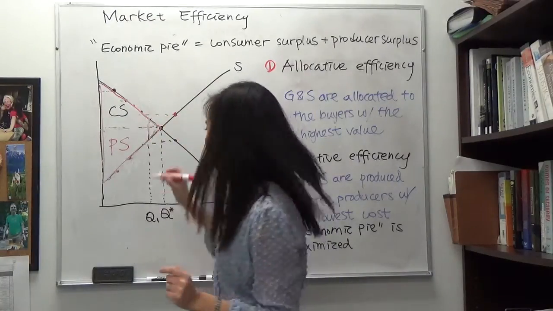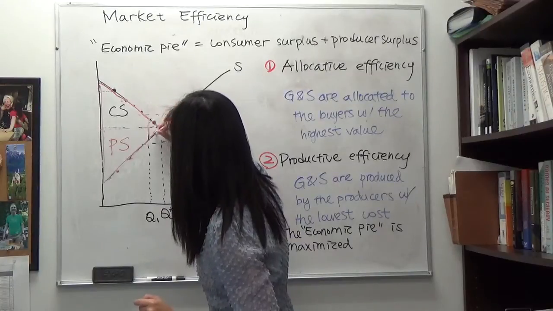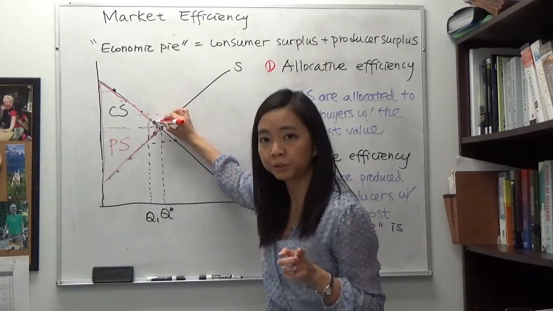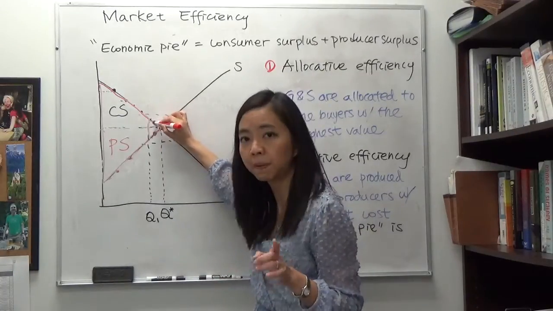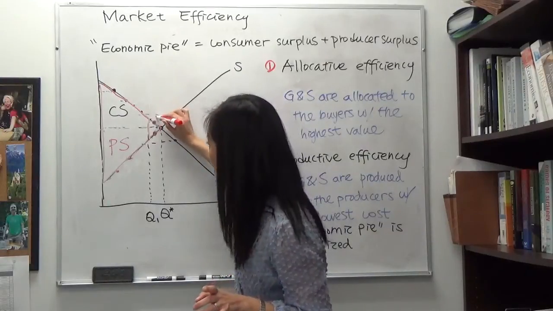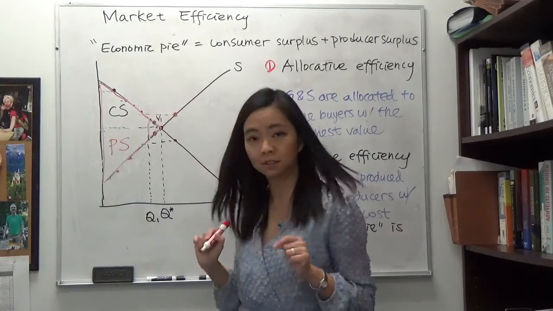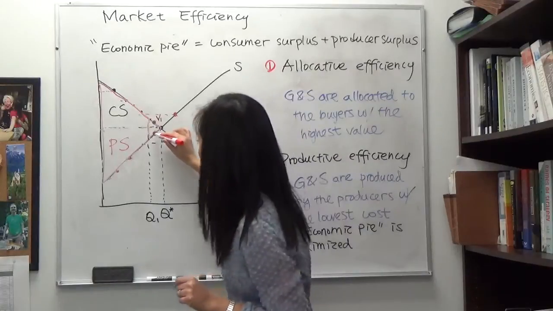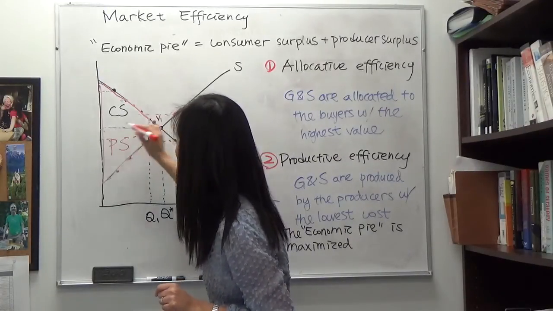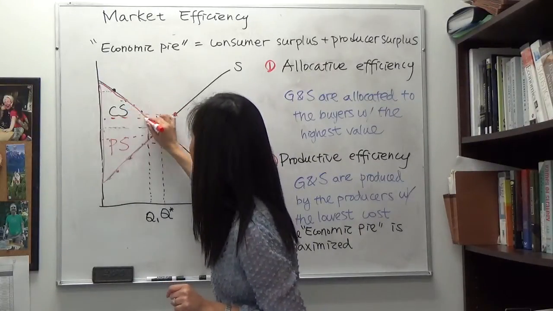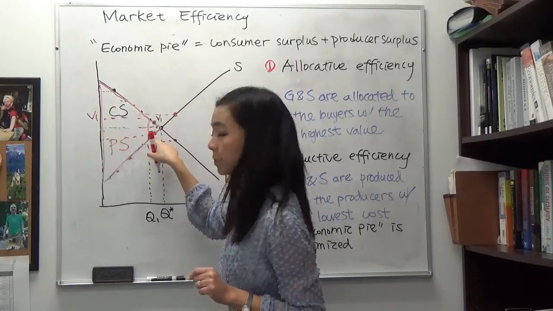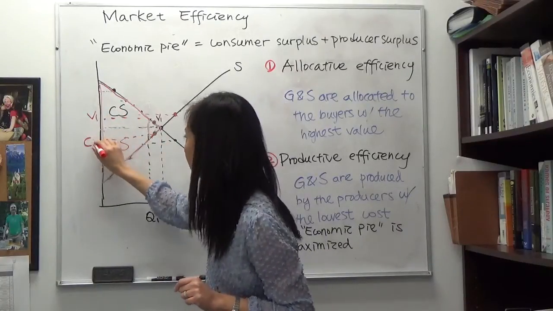Why is that lost? Here's the reason. On this demand curve, we can see this particular buyer, his or her value is here, V1, and the producer, so V1, this producer's cost is C1.